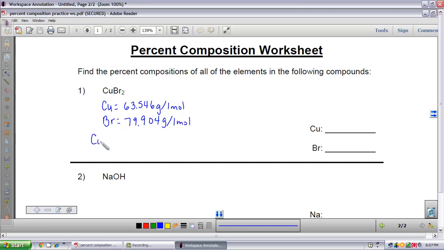The other thing that you'll need is the total mass of copper bromide. Now that is going to include one of the coppers plus 2 of the bromines because there's 2 of them.